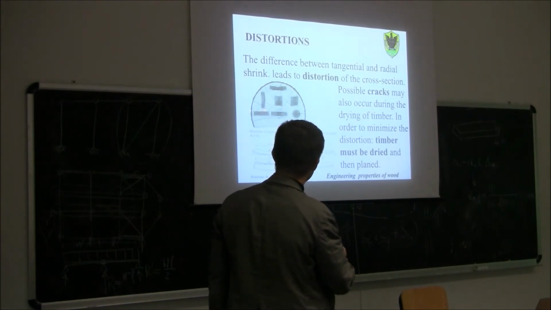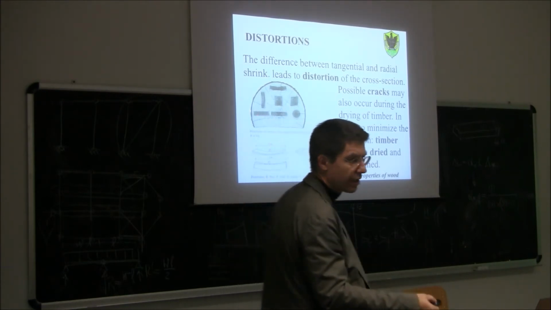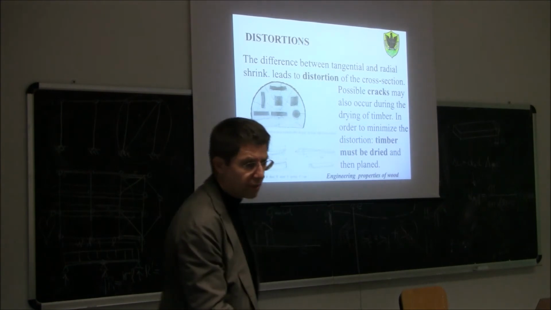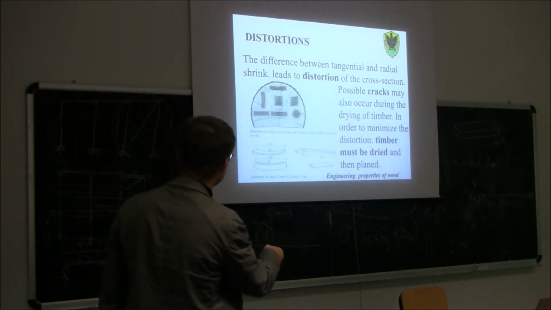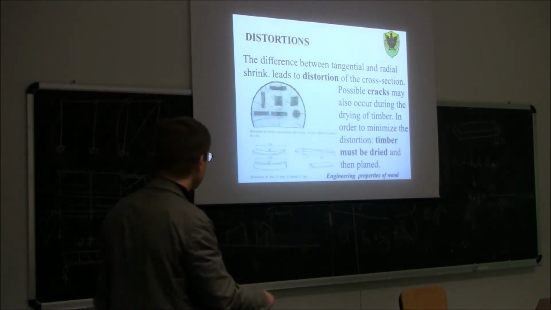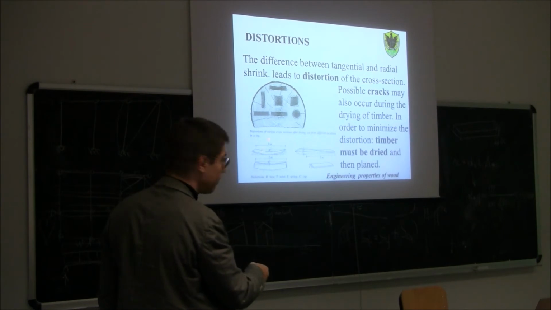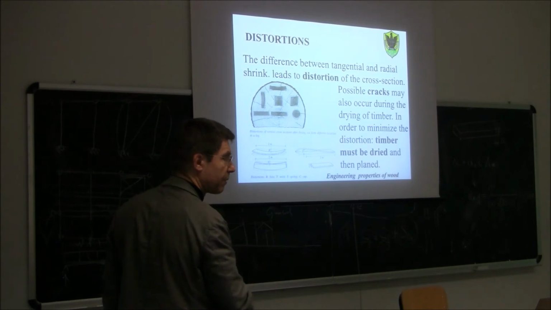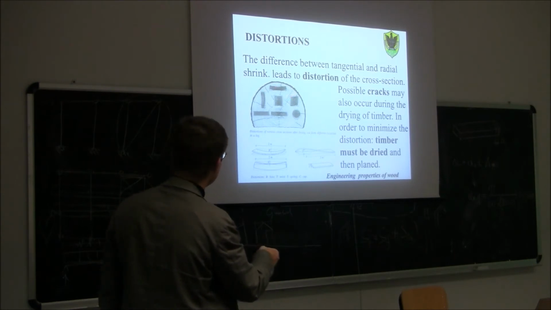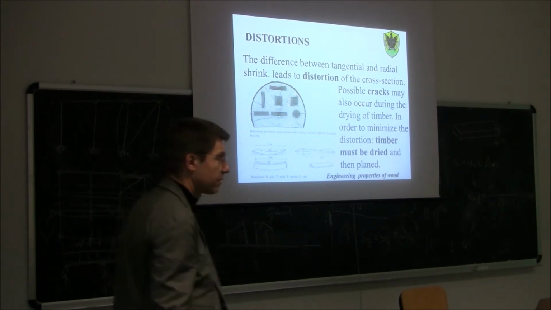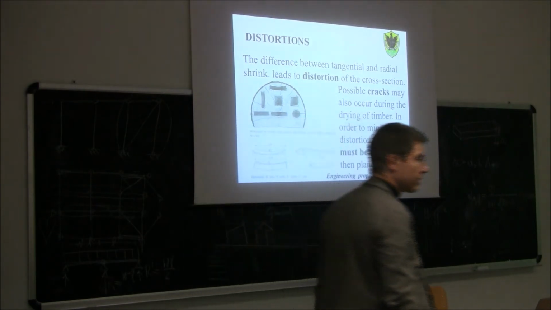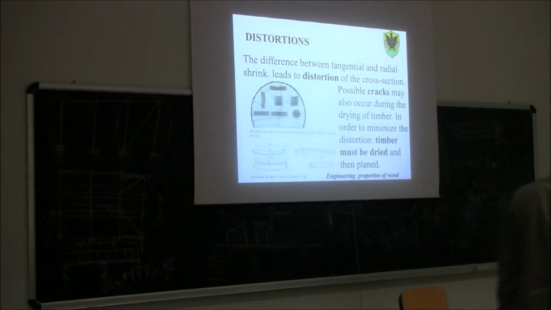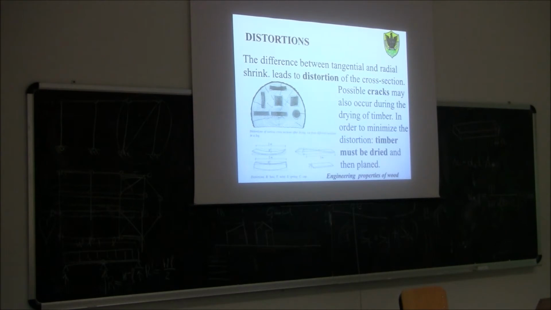In this case, a rectangle before the shrinkage is also a rectangle after. But in all the other cases, first it is a rectangle, and then we have something called a cup, this kind of deformation, or here, this square cross section after the drying process becomes a diamond. This circular cross section after drying becomes an ellipse.